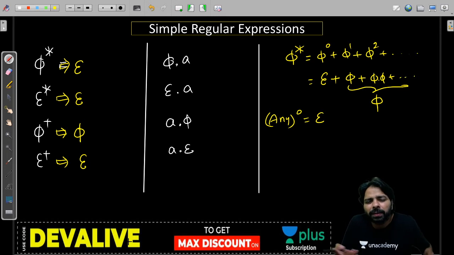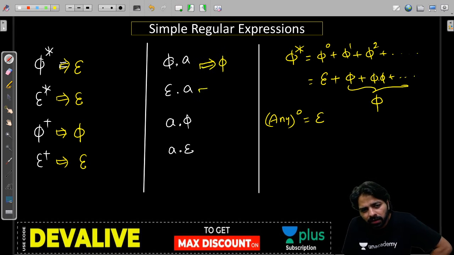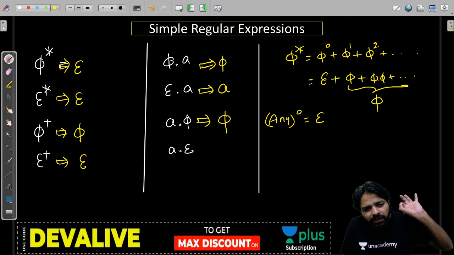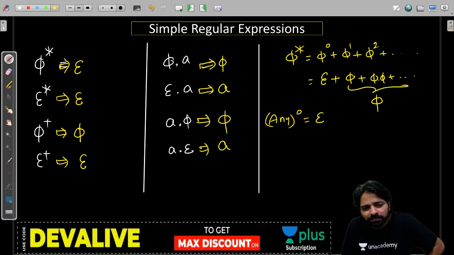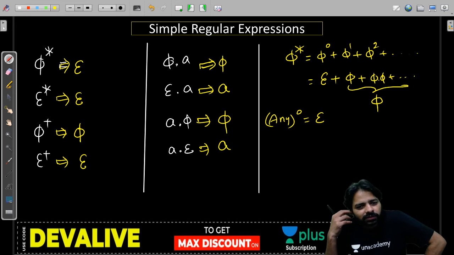Pi plus has to be pi because there is no pi power 0. Pi dot a is pi, epsilon dot a is a, and a dot pi is a dominator, is pi. A dot epsilon is identity, no one can miss that. Clear this point? It's simple regular expression where people require to understand.